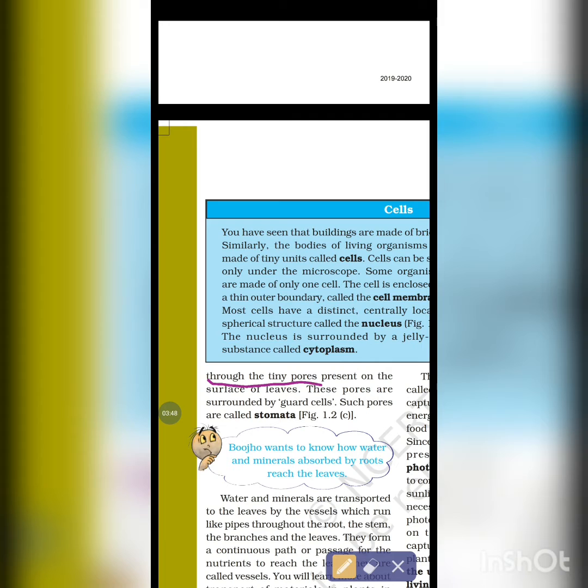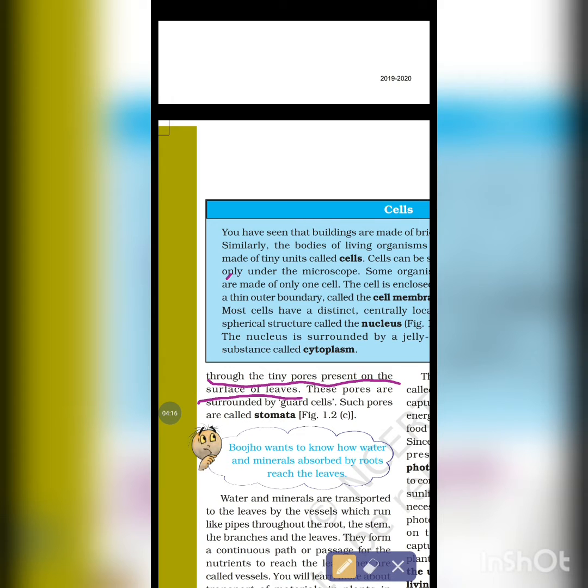This means that in air there are so many gases like carbon dioxide, oxygen, nitrogen, and carbon dioxide is needed by plants. That carbon dioxide comes from the tiny pores present on the surface of leaves.